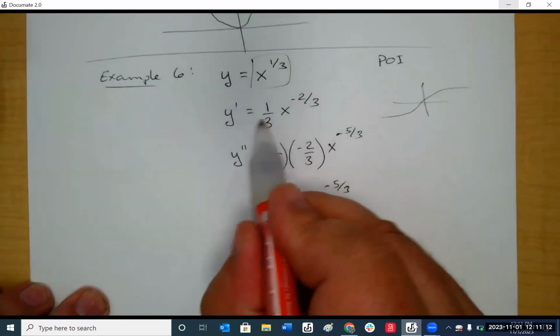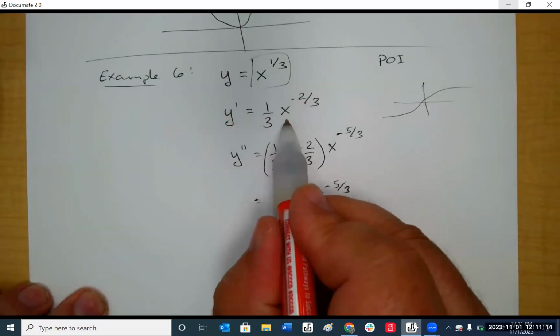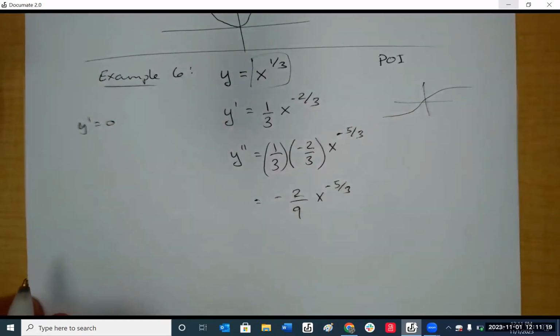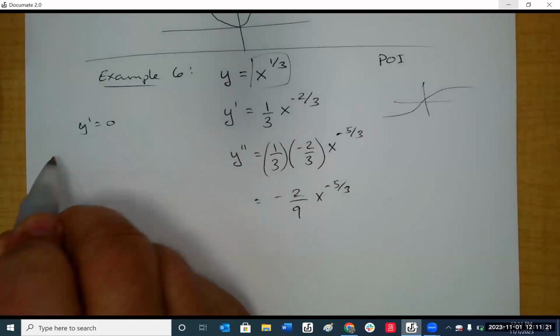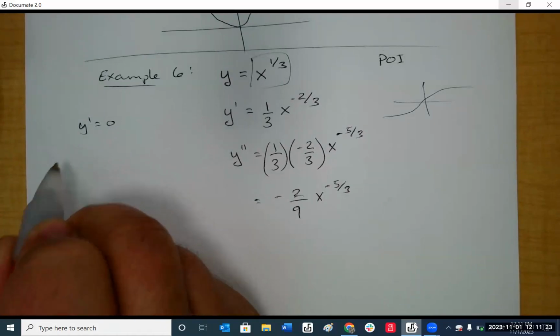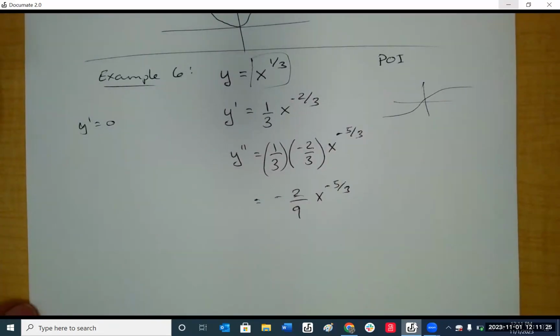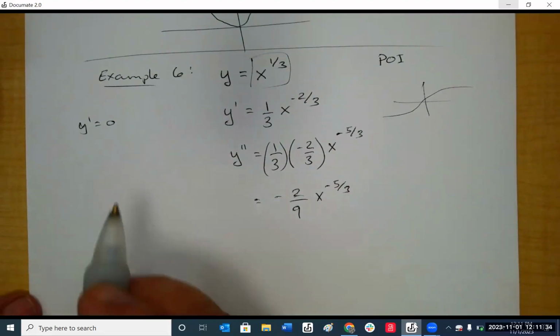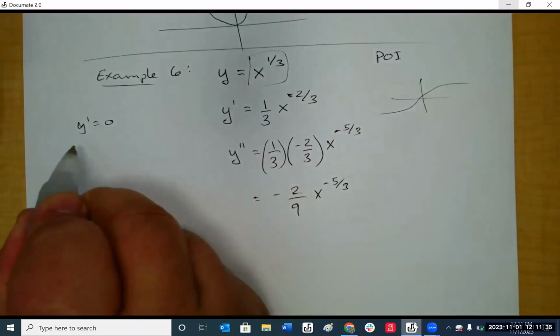If we set the first derivative equal to 0, what do we get? Well, it's undefined, isn't it? It's undefined because it's a negative exponent.